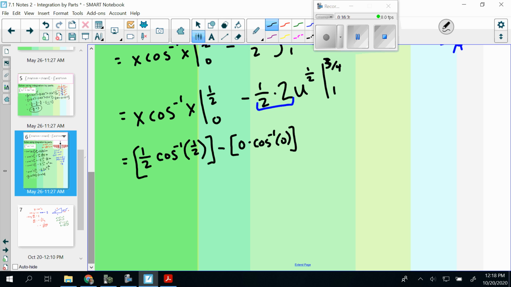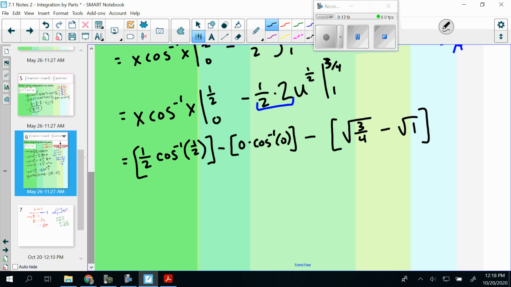Over here we're going to have minus, and then I'm going to think of u to the 1/2 as square root of u, so we're going to have square root of 3/4 minus square root of 1 here.